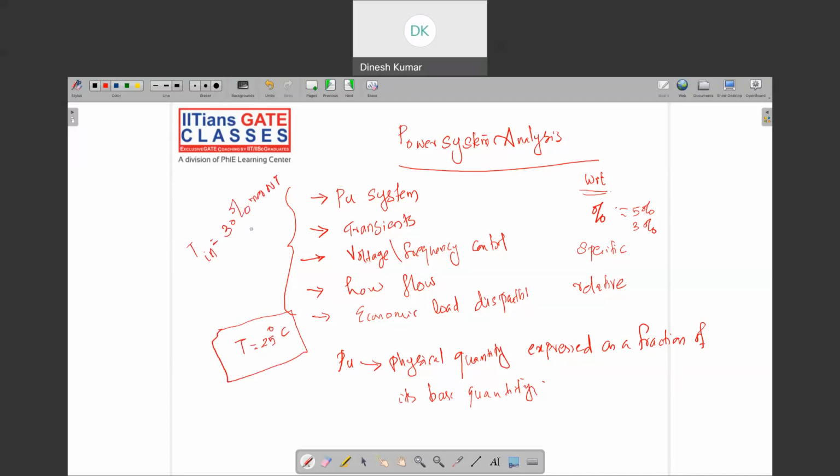So 30% more means 30 by 100 into 25 plus 25. That is basically T India. So we are saying something with reference to 25. So 25 is taken as a reference. Similarly, we can do anything.